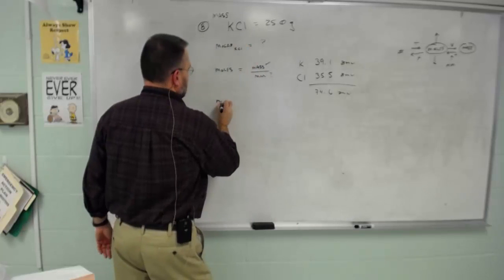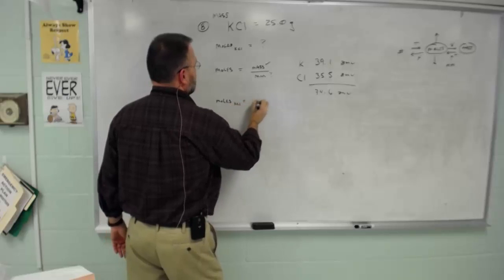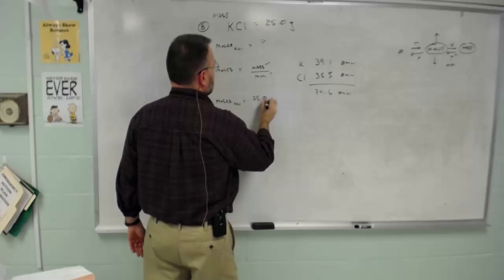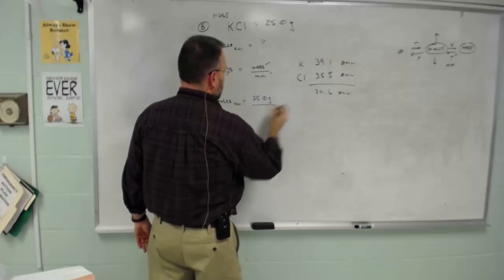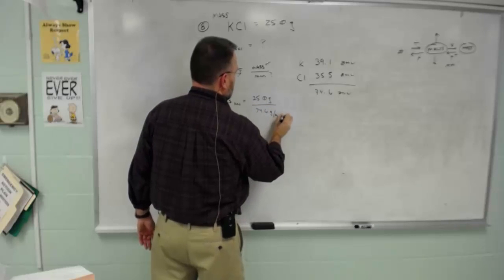So in this problem, our moles of potassium chloride is equal to 25.0 grams divided by 74.6 grams per mole.